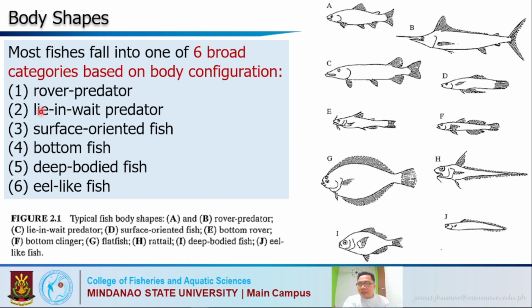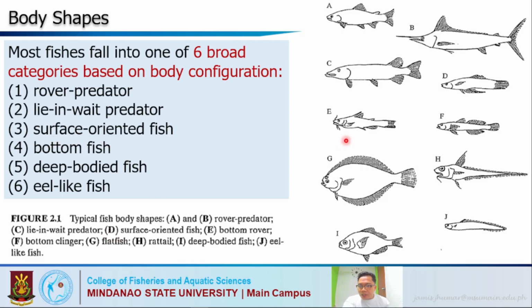And secondly, the lie-in-wait predators. For example, the letter C is a barracuda. So barracudas, needlefishes, locally known as balo, those are lie-in-wait predators. And then number three are surface-oriented fish.